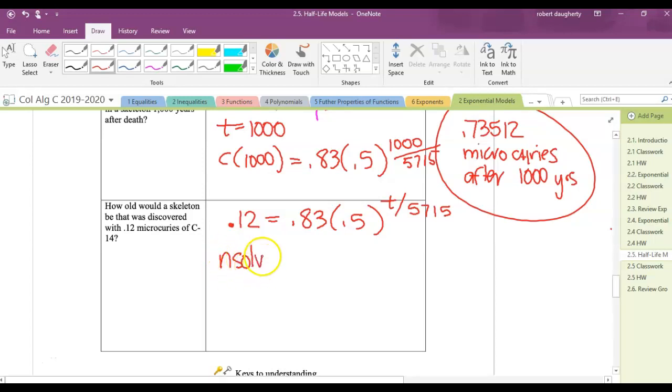So it's nsolve on your calculator. Type in that equation just as you see it. And if you use the variable t, you have to end it with comma t, telling it I need you to solve for the variable t.